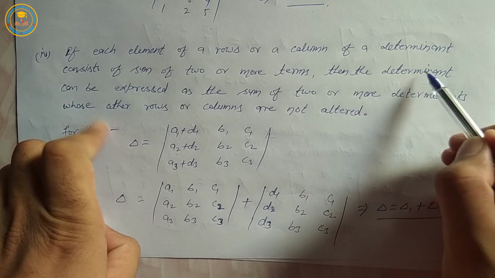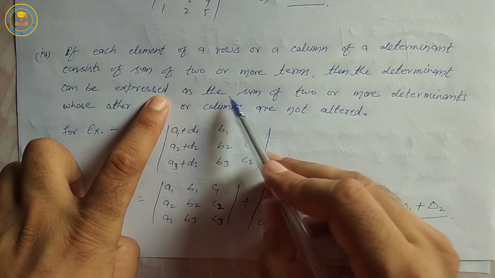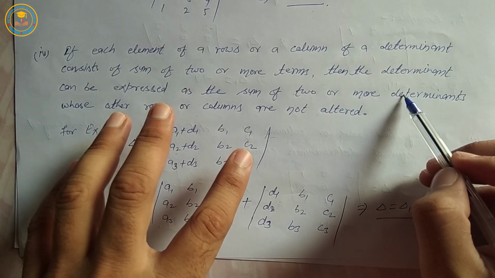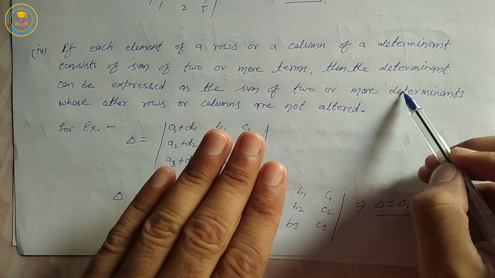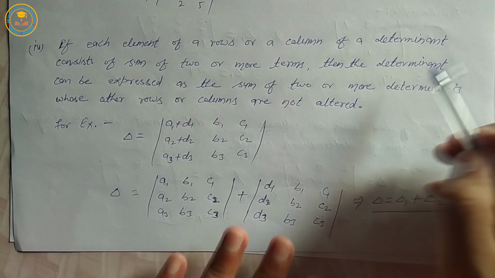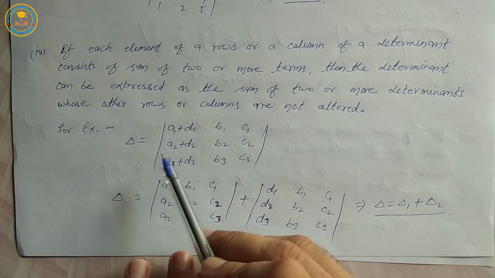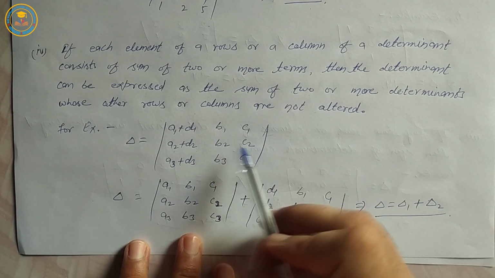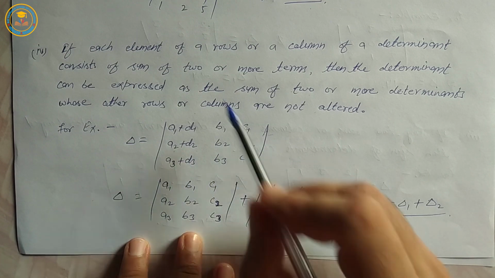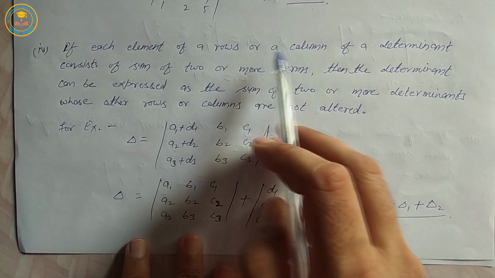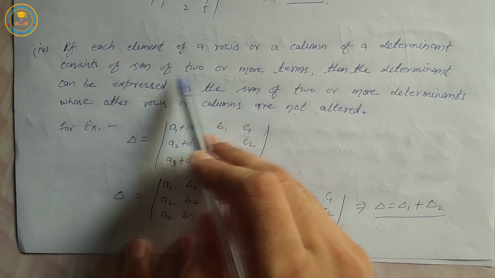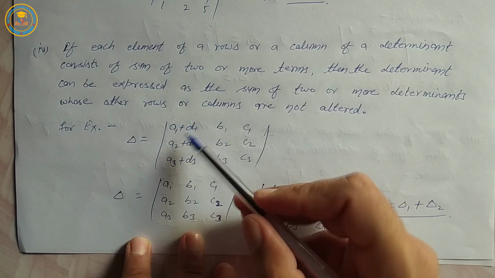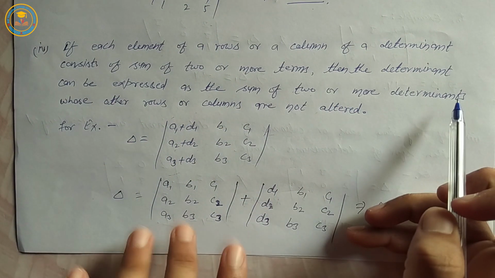Then the determinant can be expressed as the sum of two or more determinants whose other rows or columns are not altered. For example, del equal to A1 plus D1, B1 C1, A2 plus D2, B2 C2, A3 plus D3, B3 C3. Each element of a column consists of a sum of two terms, so it means a sum of two or more determinants.